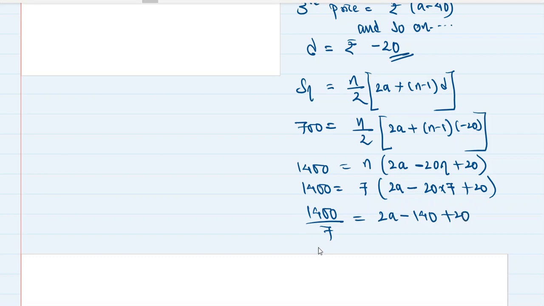So 1400 divided by 7 is equal to 2a minus 140 plus 20. So 1400 divided by 7 is 200, which is equal to 2a minus 120. So 200 plus 120, this should be.